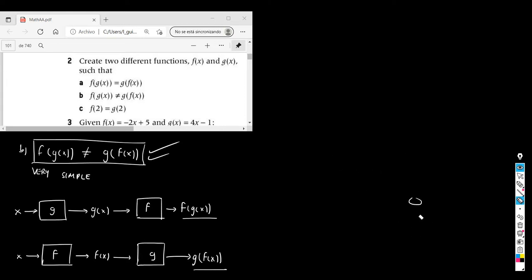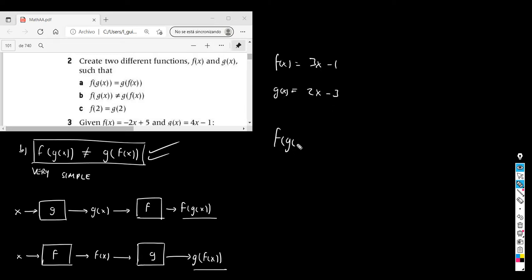Almost any function that you can create will have this property. If you think of this, let me create something very simple. f of x equals x plus 1 and g of x equals 2x minus 3. Well, let me complicate matters a little bit more: f of x equals 3x minus 1 and g of x equals 2x minus 3.